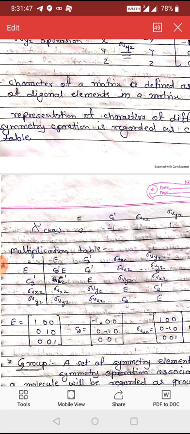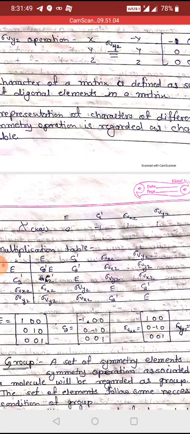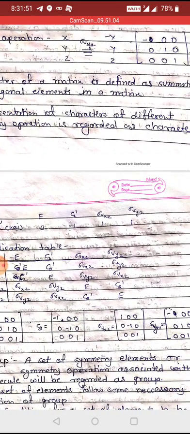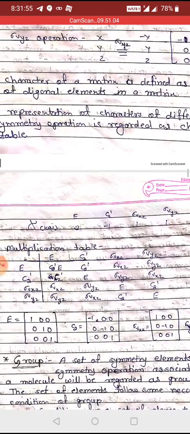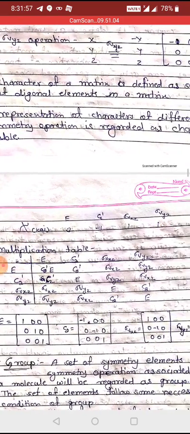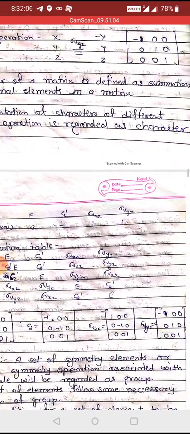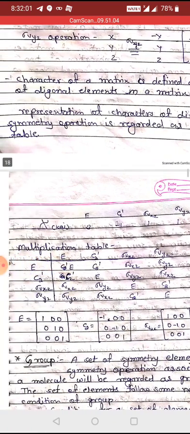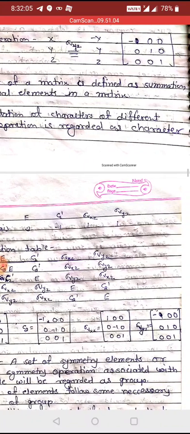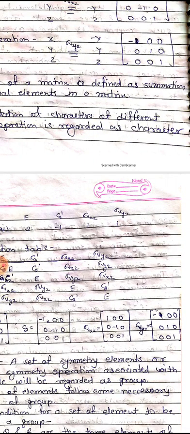Therefore, what will be the result? There is no change in the x coordinate, it means it remains -1. There is no change in the z coordinate, it remains 1 only.